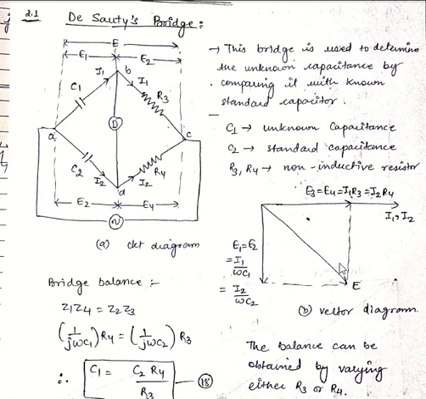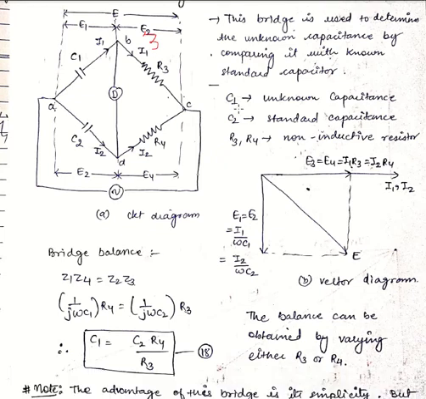The resultant of E1 and E3, or else E2 and E4, will give E. Here the value of this is E3.